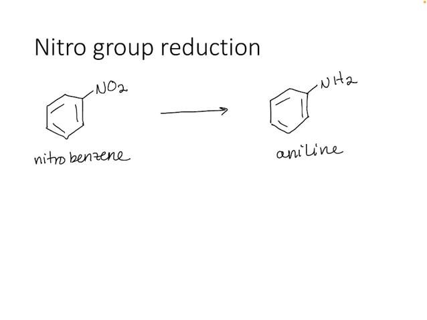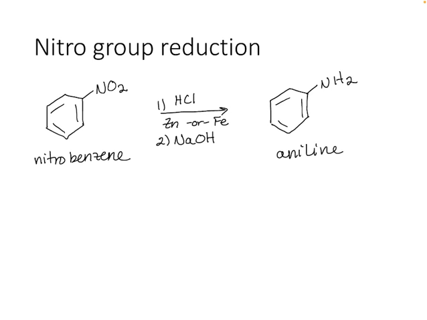Well, you would need a reducing agent, and the way to do that is to add either hydrochloric acid with zinc or iron. And you would actually then follow that with sodium hydroxide.